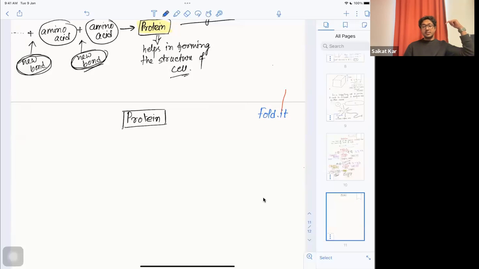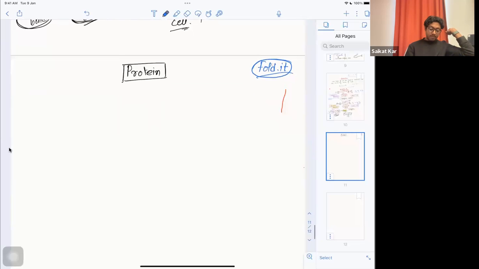When we study protein, you can go to this website and play with the structure of proteins. There are 4 US universities who came up with this idea, and students can play with the structure of protein. Even some students have discovered new structures of protein after playing on this website. So you can check it later after I complete this protein part.